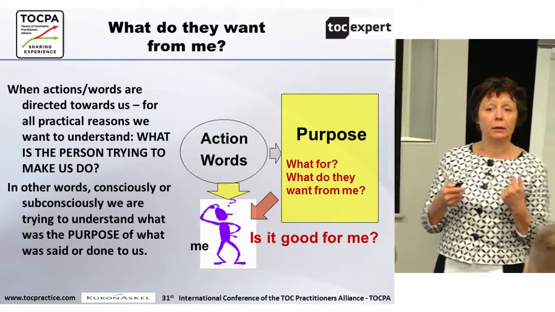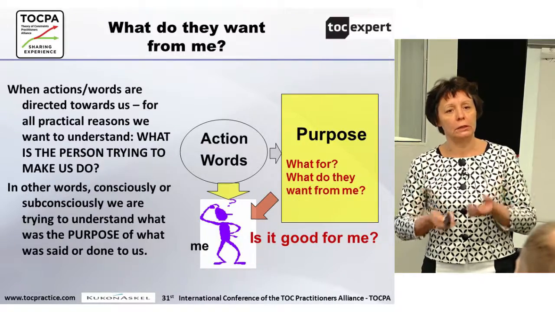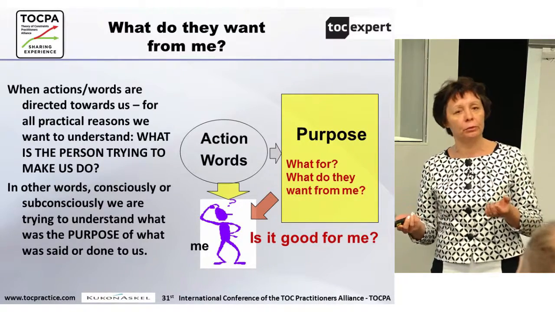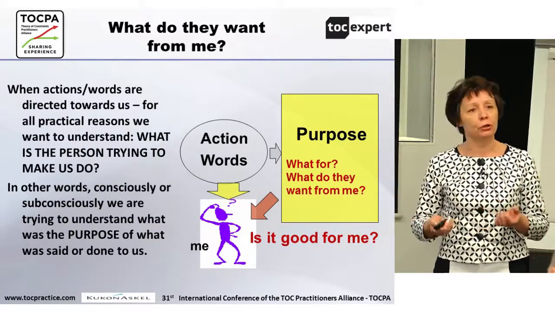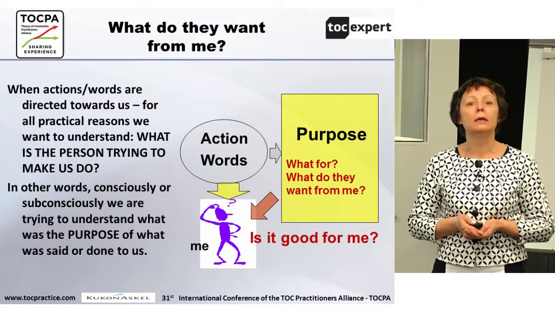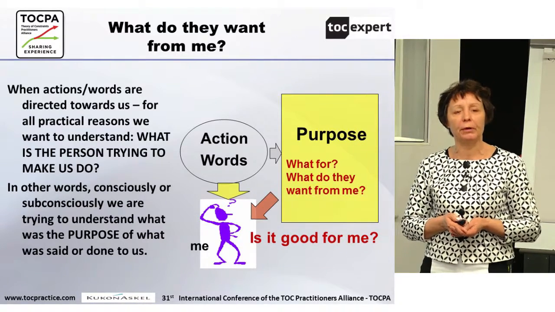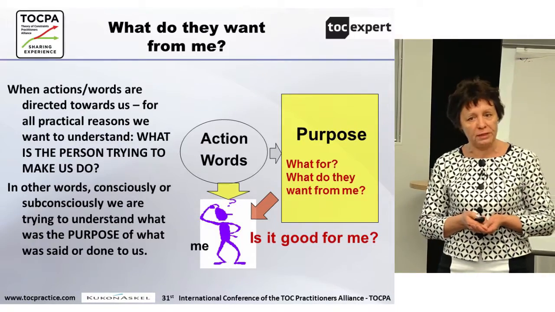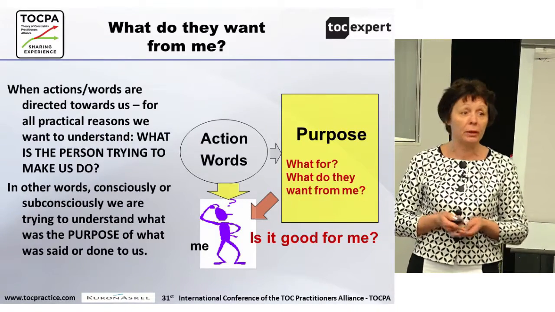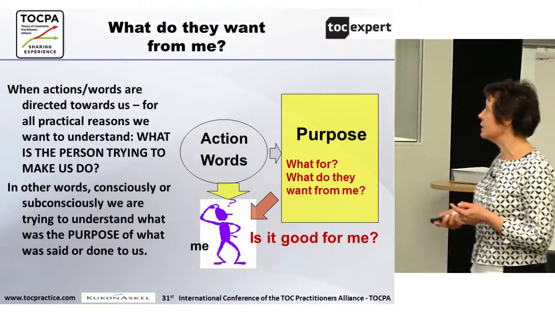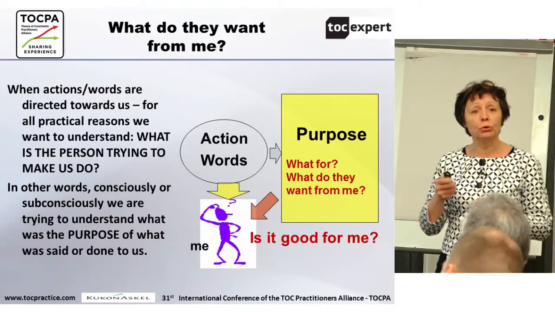So what is happening? Even if you don't think in these terms, and even if the people to whom we come and offer the change don't think in these terms consciously, subconsciously they know very well that if I come and offer them something, I want something from them. What will they do? They will assess whether it's good for them or not.